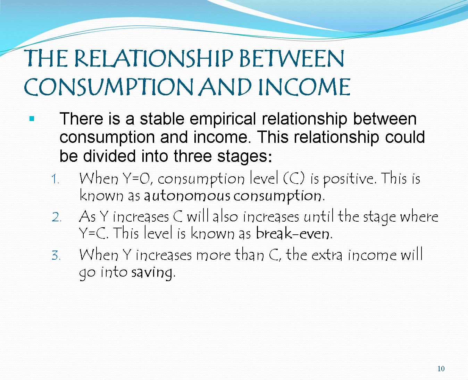As Y increases, C will also increase until the stage where Y equals C. When Y equals C, this level we call the break-even point. And the third part, when Y increases more than C, there is extra income. Finally, when you have extra income, it will go to saving.